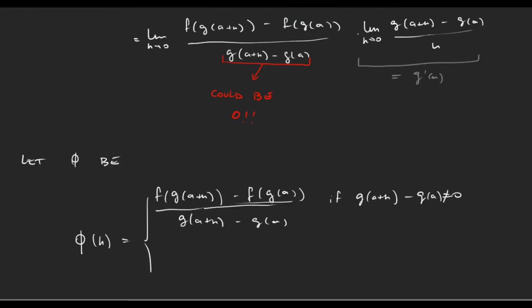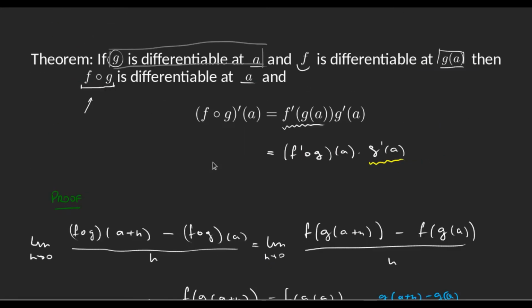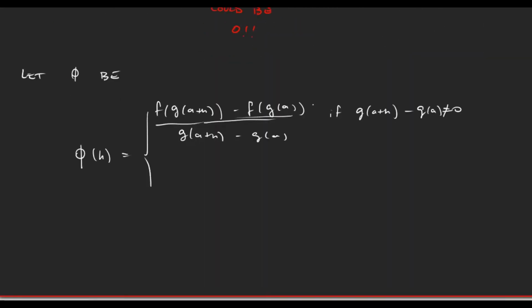And now let's check something. When we look at the theorem, we already have this. So now we need to obtain this other thing, the derivative of f evaluated in g of a. But if we check, when g of a plus h minus g of a is different to 0, then this fraction is very well defined.